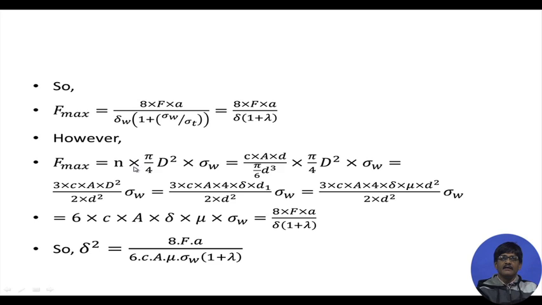Now N has to be estimated. What is the value of N? How many abrasives are actively participating in the material removal at one point in time? For that we make use of the expression of concentration. Concentration is the volume by volume fraction of abrasives inside the abrasive water slurry.